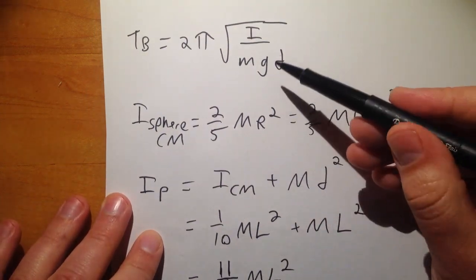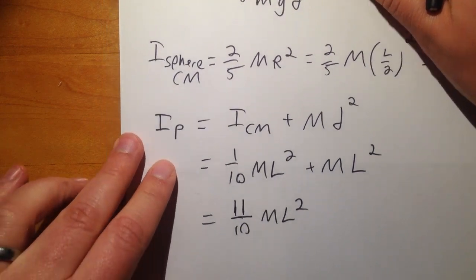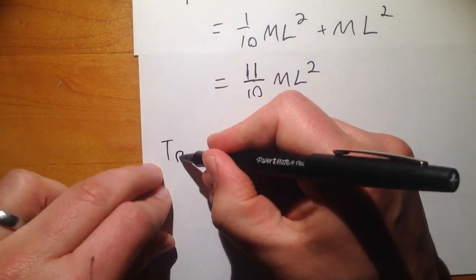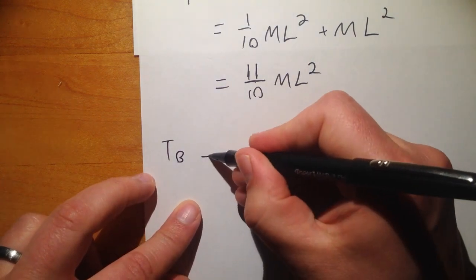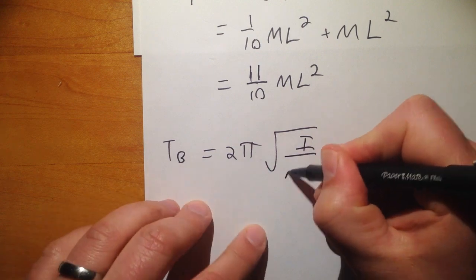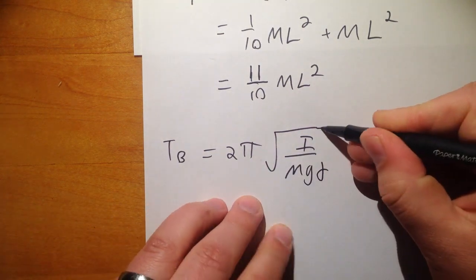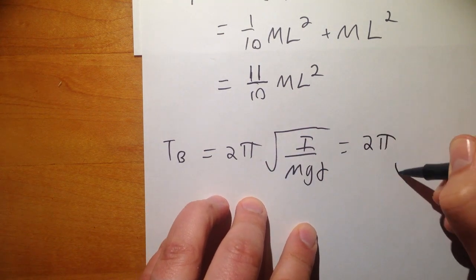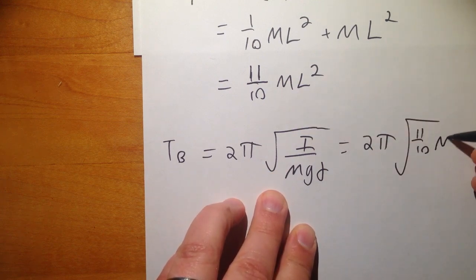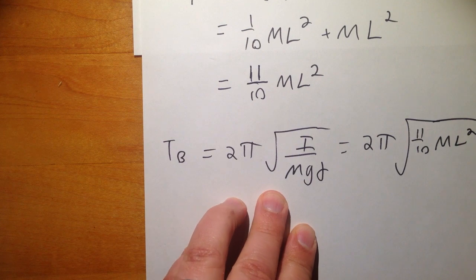So now I have what I need to plug into this equation. Okay, let's do that here. So to figure out the period of this physical pendulum, I again use the formula 2 pi square root of I over mgd. I figured out that the moment of inertia is equal to 11/10 times ml squared.